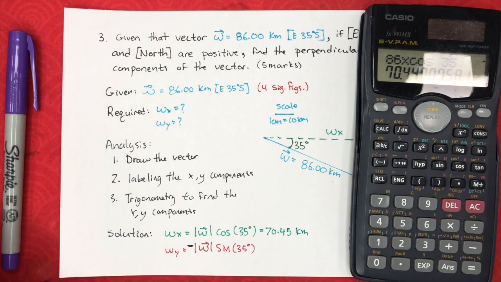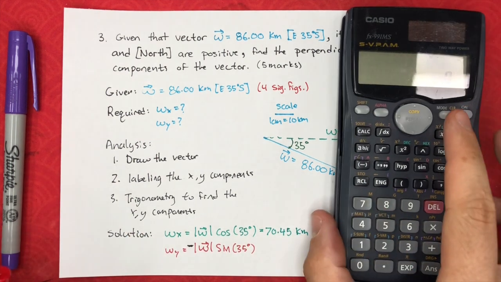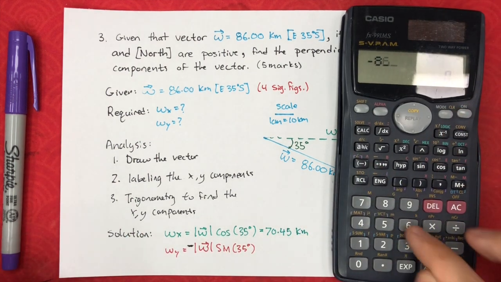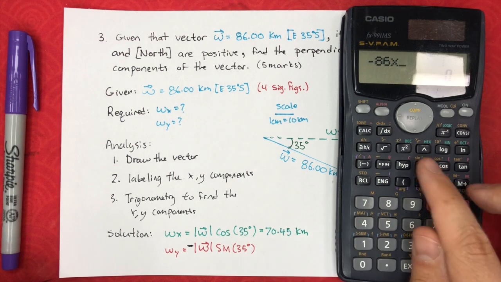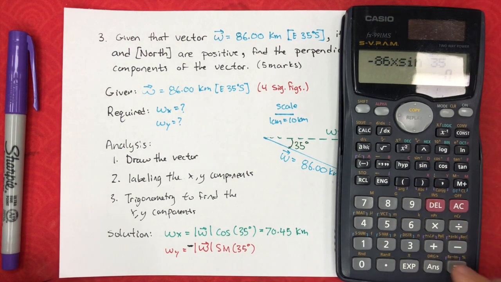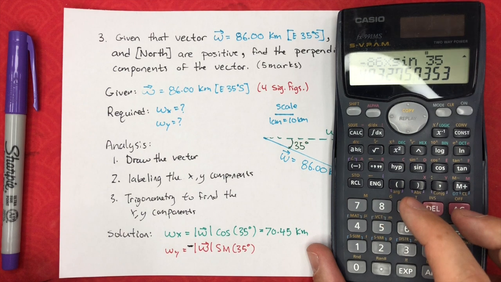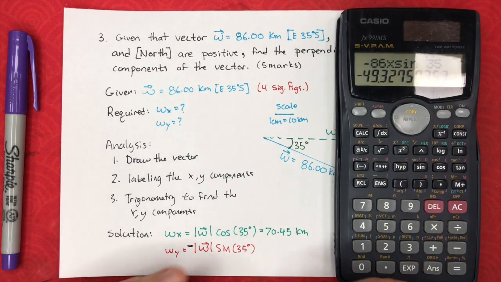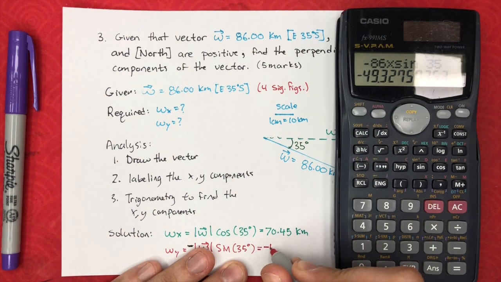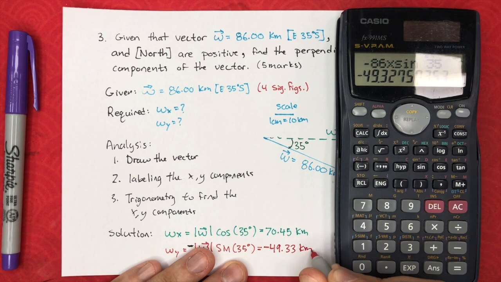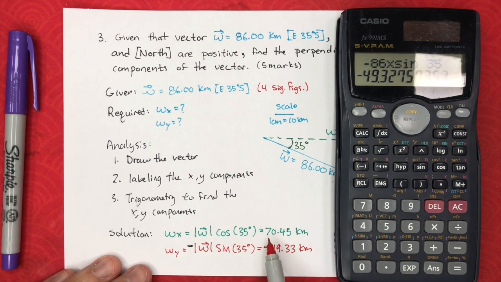For the y component of the vector, we're going to put in negative 86 multiplied by sine of 35 degrees, and we should get 49.3275. That's a negative 49.33 kilometers, keeping into account that we have 4 significant figures, because that is what we were given in the question.